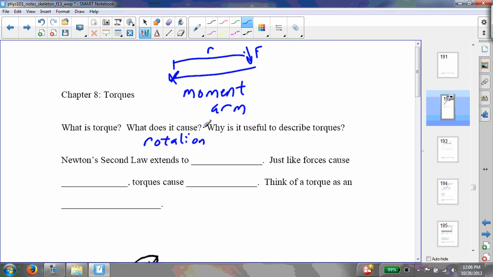And it's useful to describe torques because anytime you have a rotating object, at some point there's been a torque that has acted on that object. And so rotation occurs in a lot of different things, whether they be in biological systems or physical systems. We see rotation quite a bit in the world. Now, Newton's second law, remember F equals ma, also extends to rotational motion.